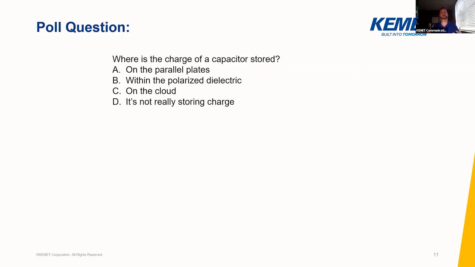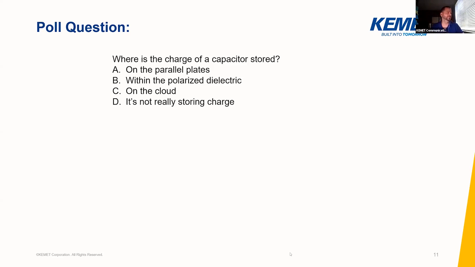So let's do a quick poll question here, just to recap some of the knowledge that we've learned. Where is the charge of a capacitor stored? I'm going to launch the poll question here. Where is the charge of a capacitor stored? Is it on the parallel plates?